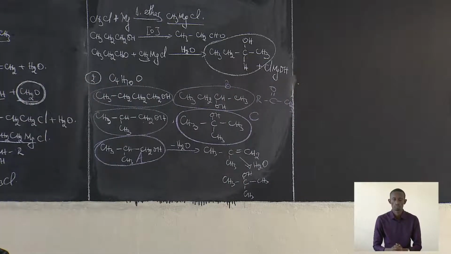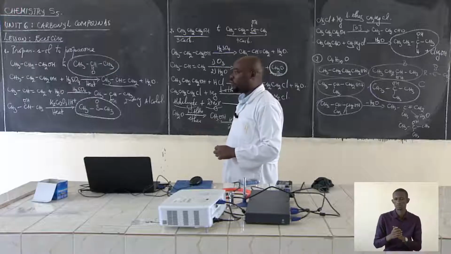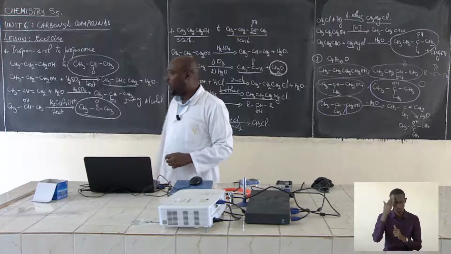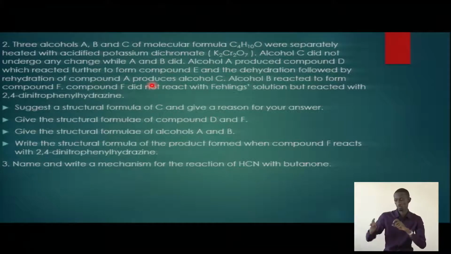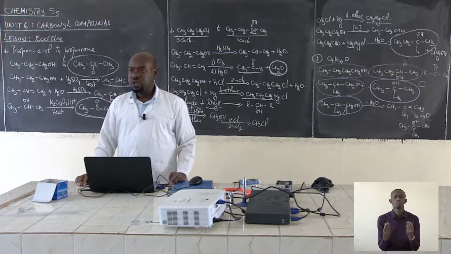So I hope that we have answered question number 1, to give the structure formula of C, because it is the one which doesn't undergo oxidation. We have given the structure formula of D and F, and we also know the structure of A and B. And when F reacts with 2,4-dinitrophenylhydrazine, that is a simple completion of an equation.